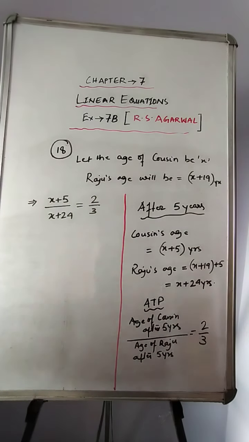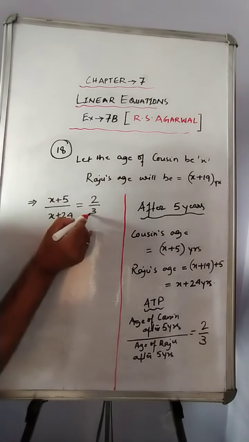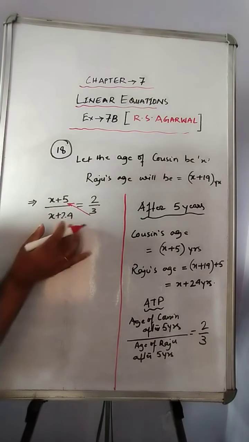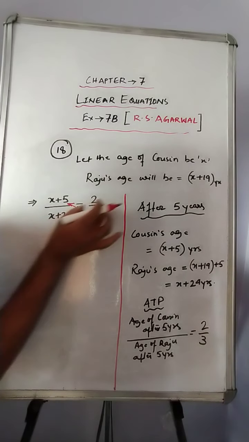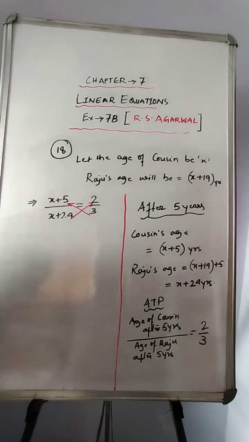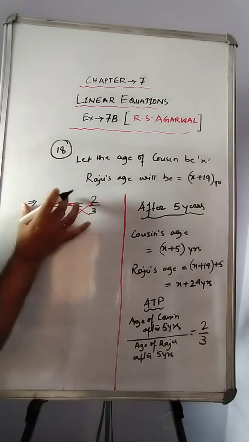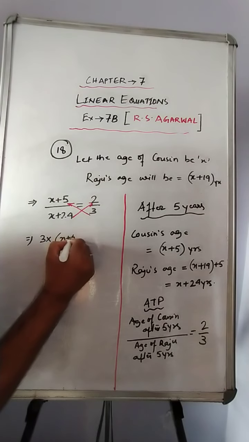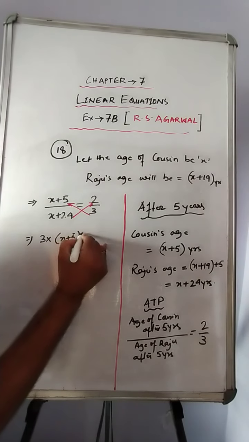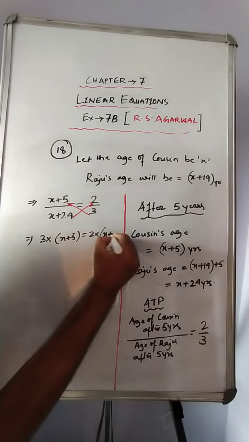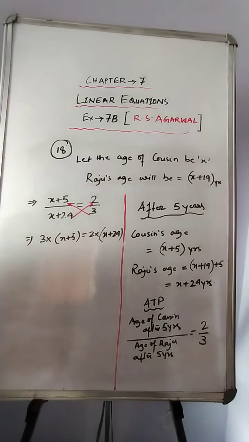Fine. Now from here we have to do cross multiplication. That means 3 will be multiplied with this binomial, x plus 5, and this binomial, x plus 24, will be multiplied with 2. So we write 3 into x plus 5, as this is a binomial we put it inside the bracket, equals 2 into x plus 24.